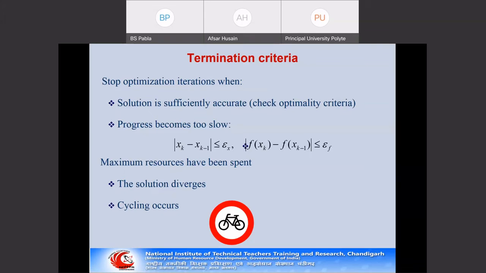Then it will do another iteration. Then it will compare the two values, previous iteration and current iteration, and tell you which one is better. If it is improving, it will again increment or decrement some of the variables and see the next value. So basically, it is the current value, then the neighboring value, and the difference between the two.